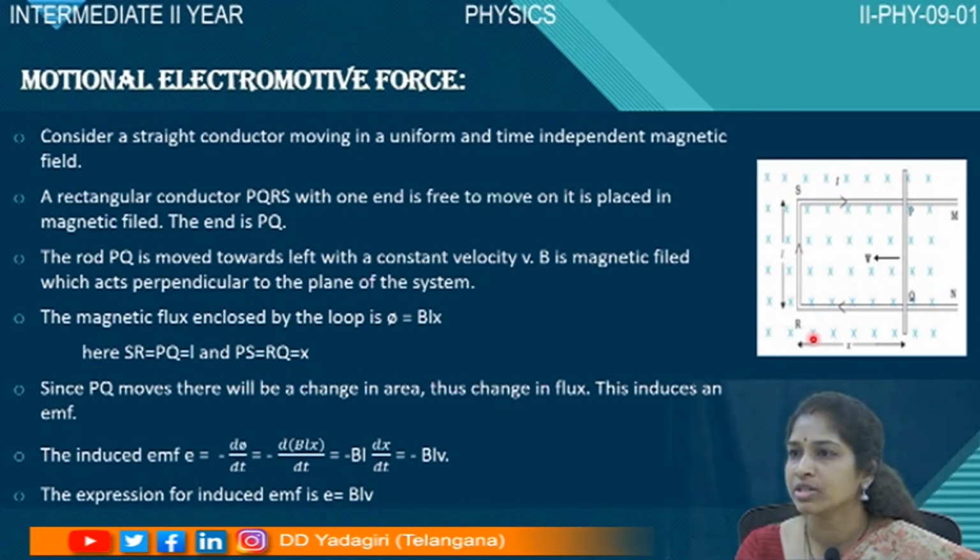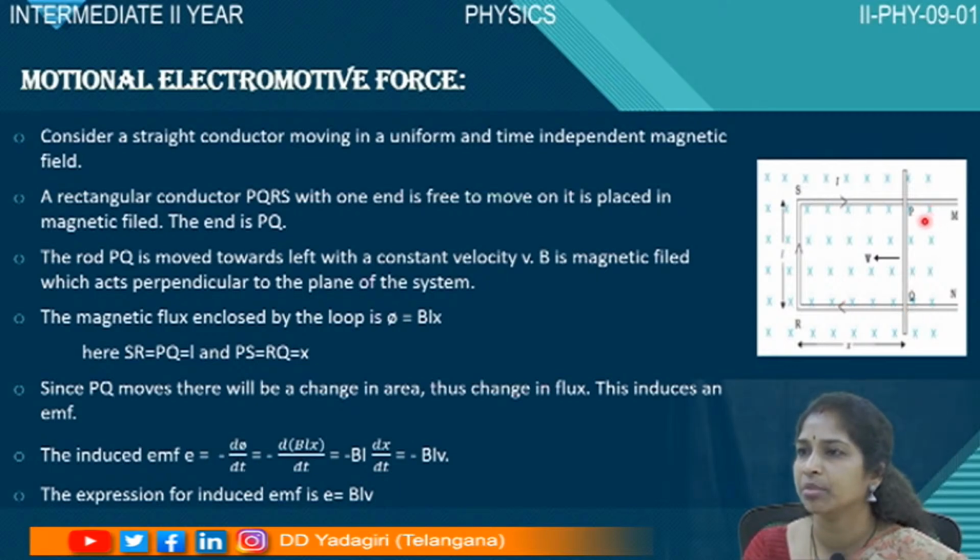The crosses we can see are representing the magnetic field. So inside the magnetic field, a rectangular conductor PQRS of length x and breadth L is placed.